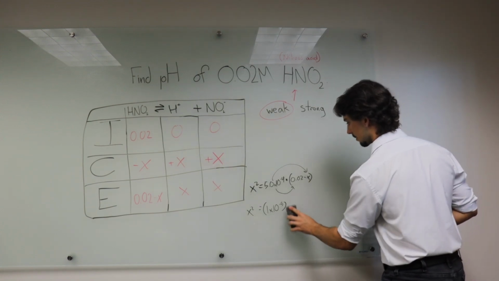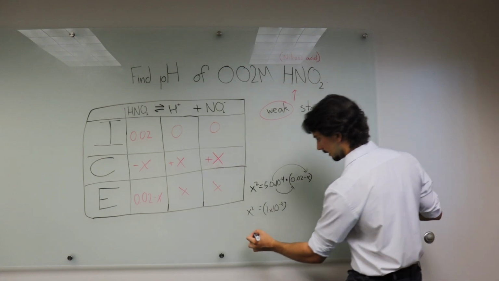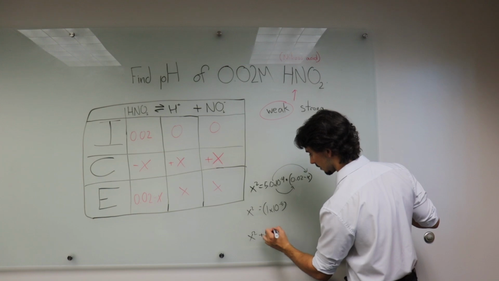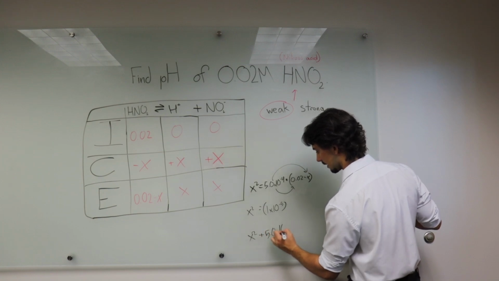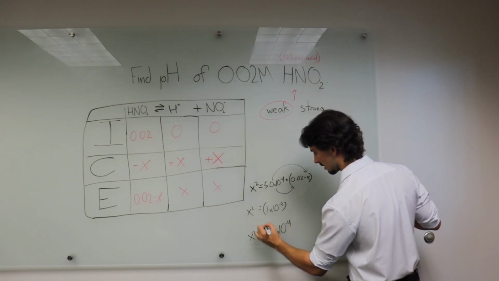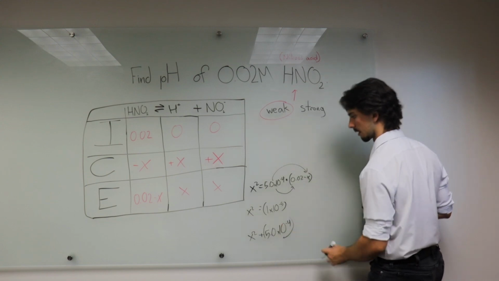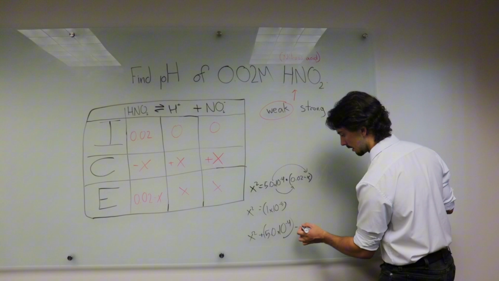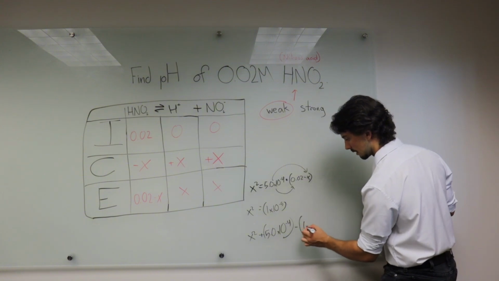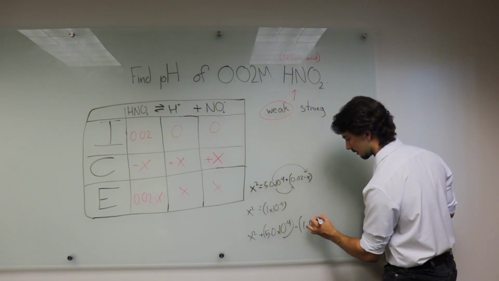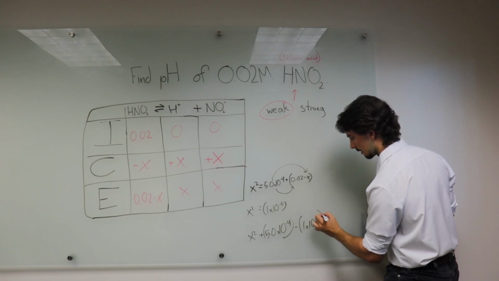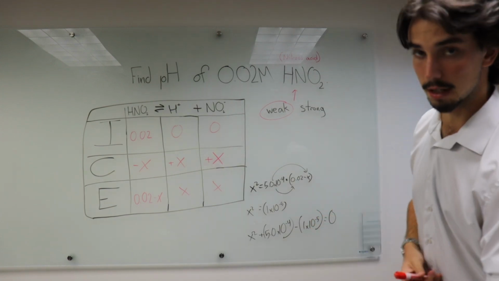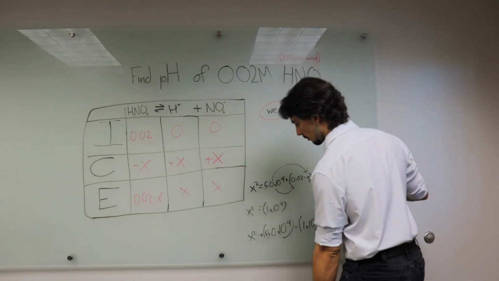So if we add it to both sides, it'll now be x squared plus 5.0 times 10 to the negative 4th. Put that in parentheses so we're not confused. And we still have to subtract this from both sides. So minus 1 times 10 to the negative 5th equal to 0.